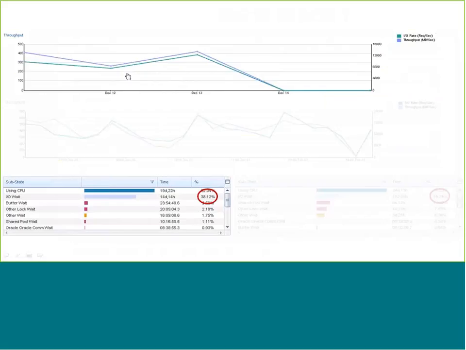But looking at it more from an end-to-end perspective, Precise is able to show what actually happened. We actually went from a throughput of about 400 meg per second, where storage was responsible for 38% of response time, so that's pretty high.